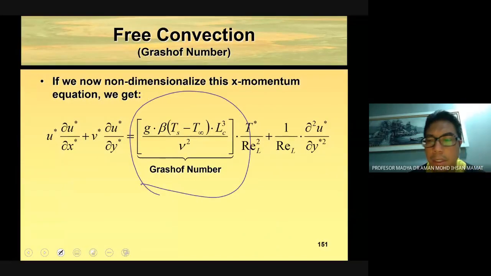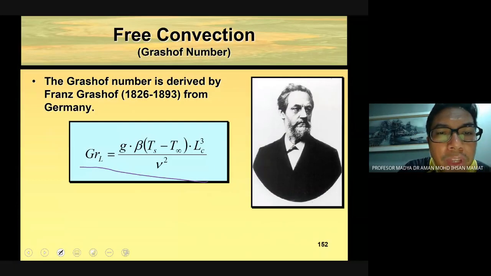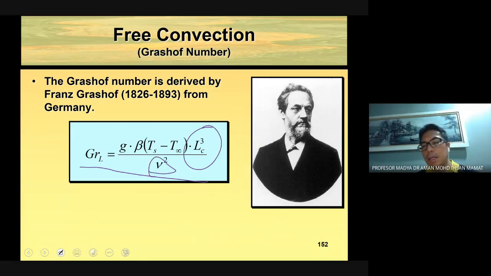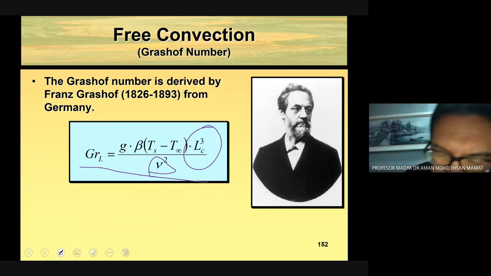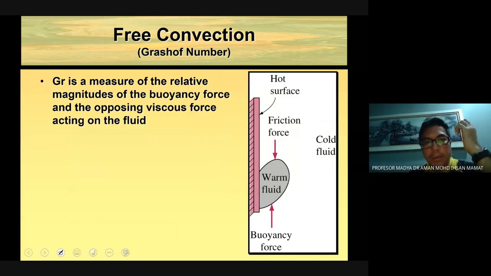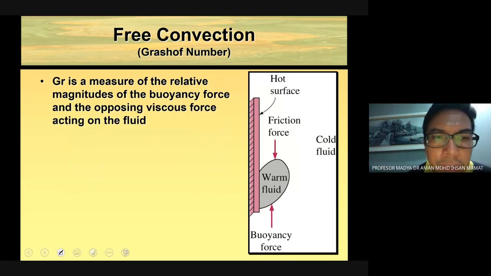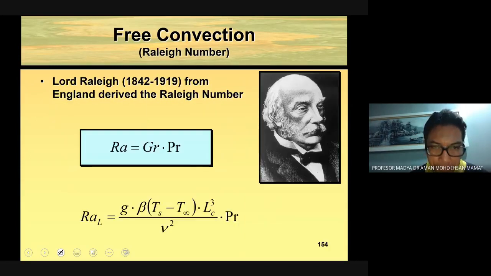The Grashof number is gravity, volume expansion, temperature difference, characteristic length, and the dynamic viscosity. Grashof number measures the relative magnitude of the buoyancy force and the opposing viscous force acting on the fluid.